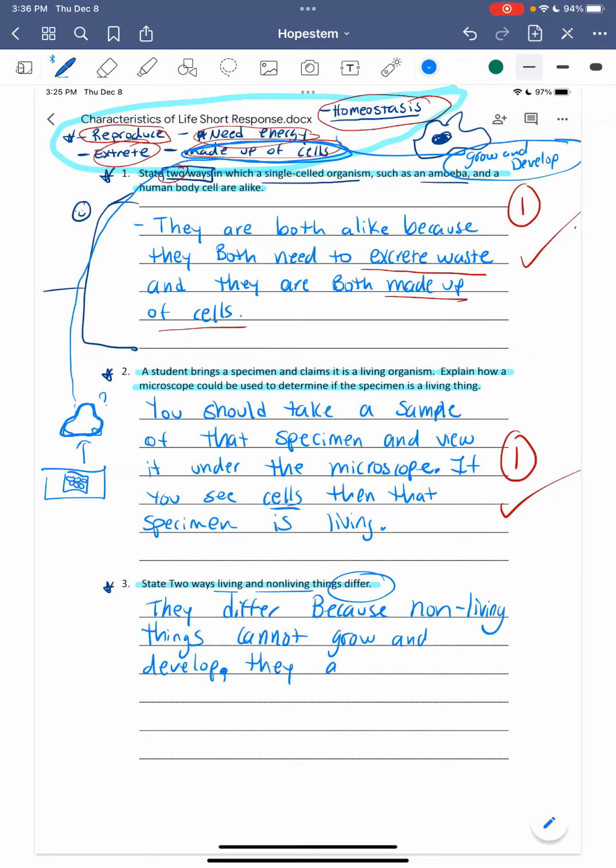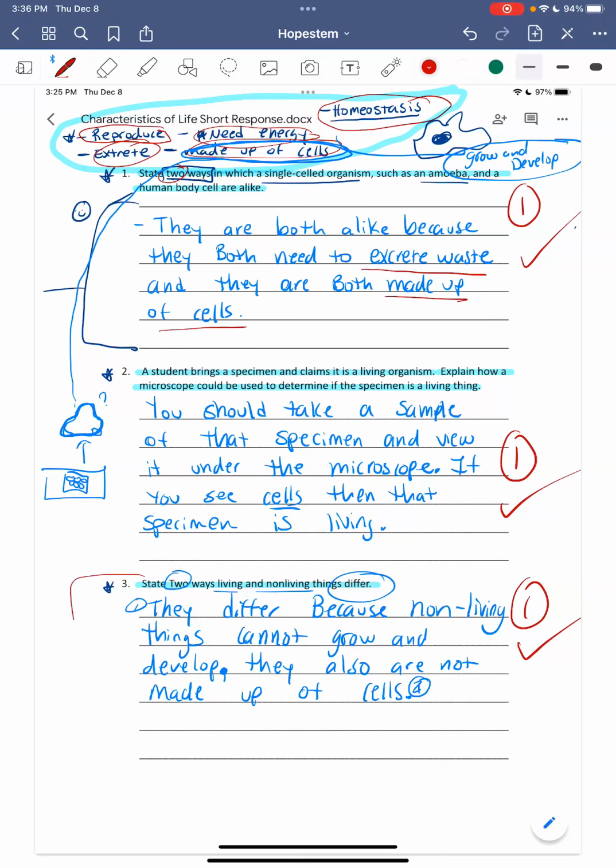They also are not made up of cells. So we have 2 reasons to give us, of course, the 1 point. We named our 2 differences here.